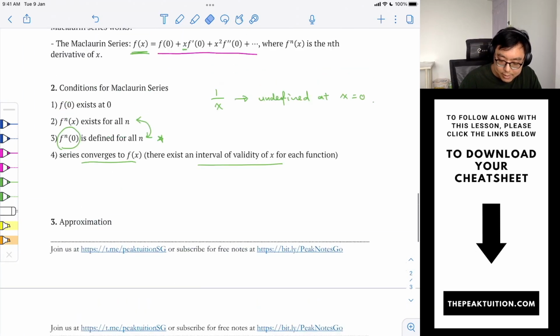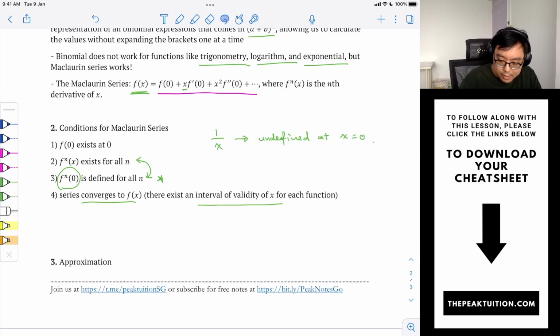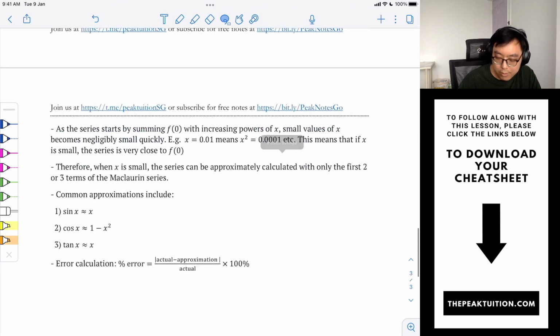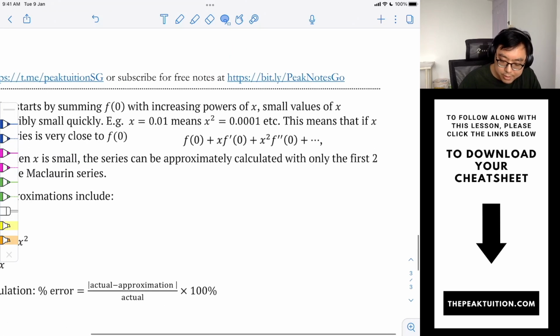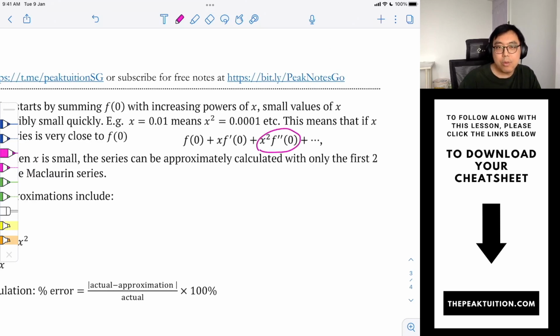So we see that in this series, there is an increasing power of x. As there's an increasing power of x, it means that when x is small, the terms quickly become very small. For example, when x is 0.01, that means your first derivative at 0 is multiplied by 0.01.